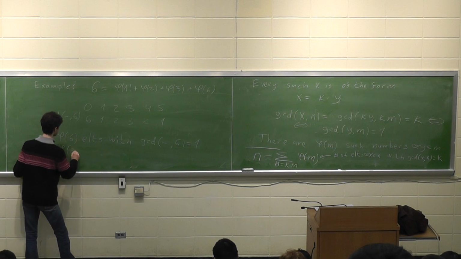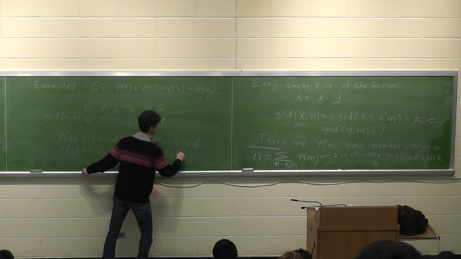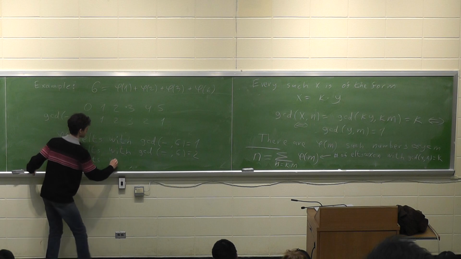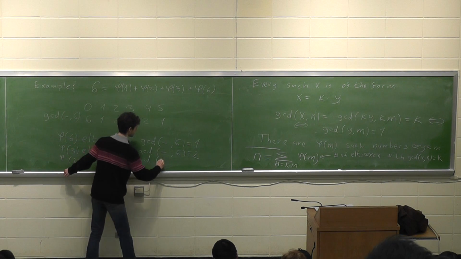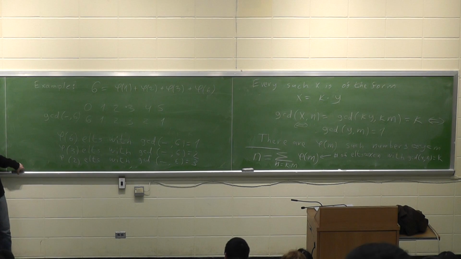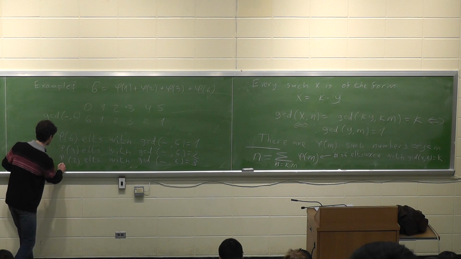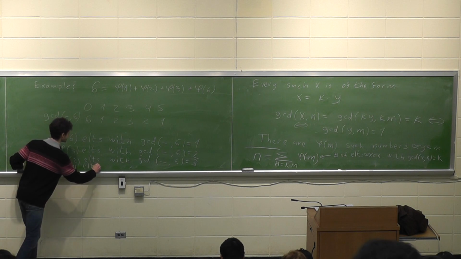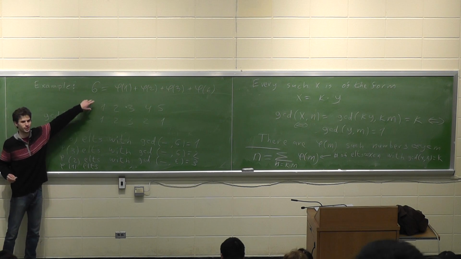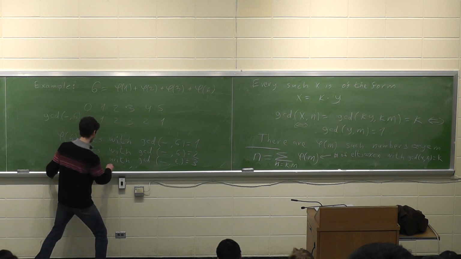Then I will have 2 elements with GCD with 6 equal to 2. Then φ(2), 1 element, with GCD with 6 equal to 3. And what's that? φ(1), 1 element. This last one is kind of a formality. There is just one element whose GCD with 6 is equal to 6, and φ(1) is defined to be just 1.